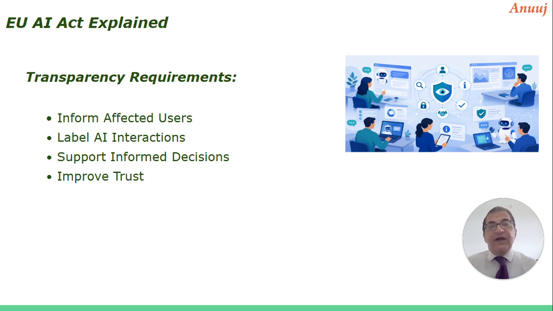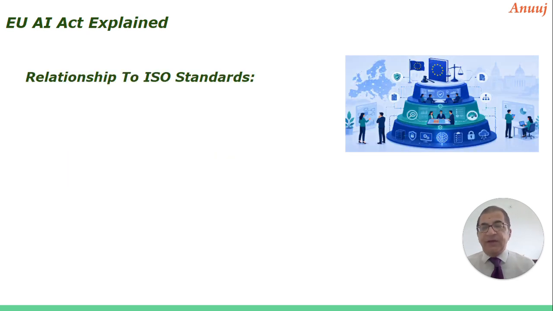What is the risk? How would it be mitigated? How much time it would take is a separate issue, but at least you know that you are living with a risk, and your information or your interaction with your users should support the fact that you have taken an informed decision, and all this would help you improve the trust in the organization as well as the organization's AI capabilities.